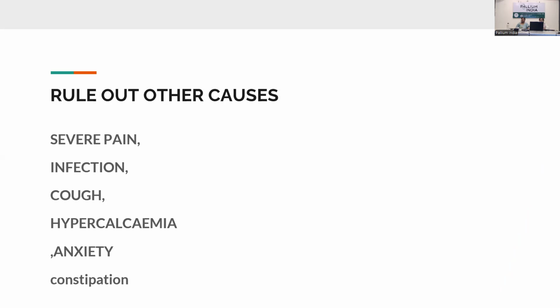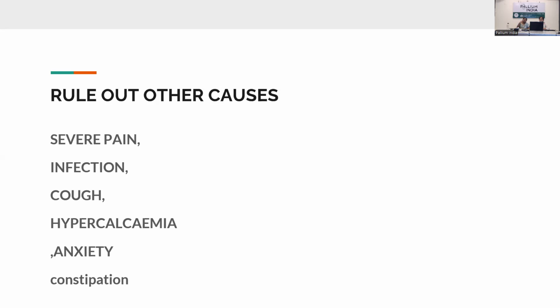These are also other causes of vomiting. Severe pain: a patient having severe pain can have nausea and vomiting even with no other problems. Infection, cough: a patient is continuously coughing, and at the end of the coughing, he vomits. In such a case, can you give ondansetron? No, you have to control the cough.